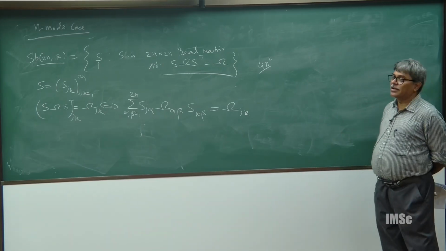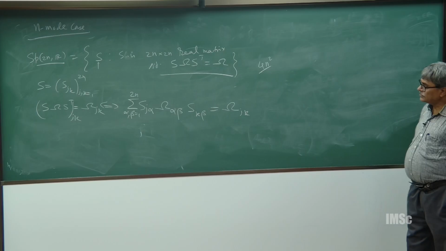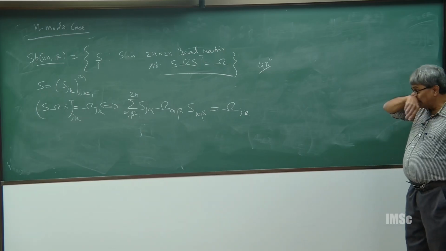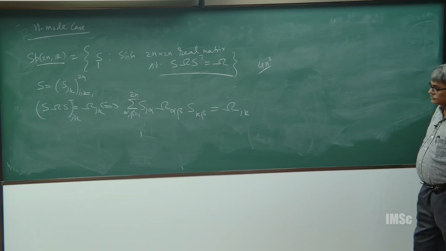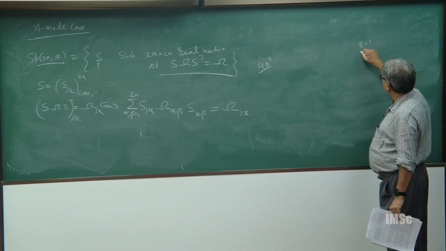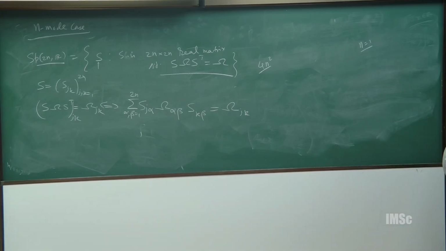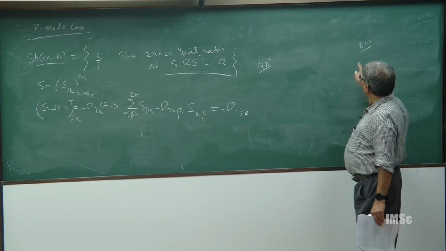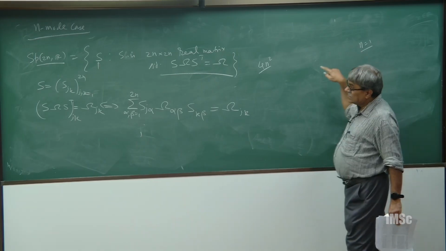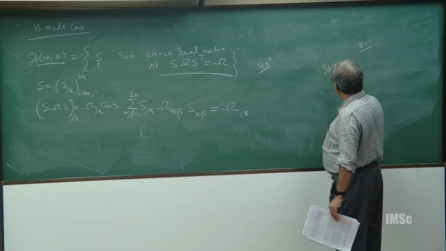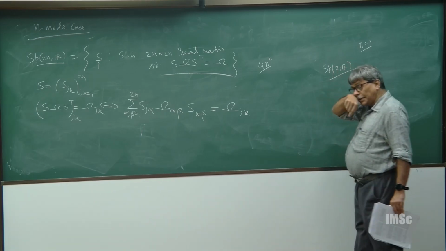For n equal to 1, let us say, how many real parameters will you require? For n equal to 1, this Sp(2, R) is an area preserving transformation.